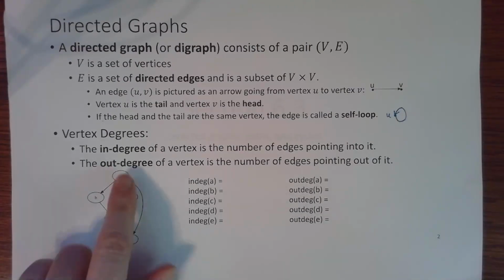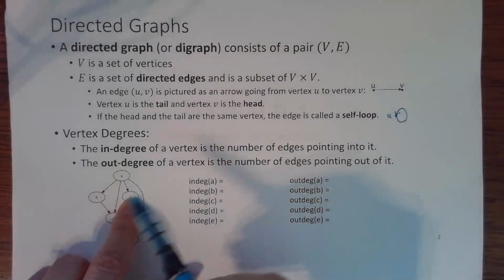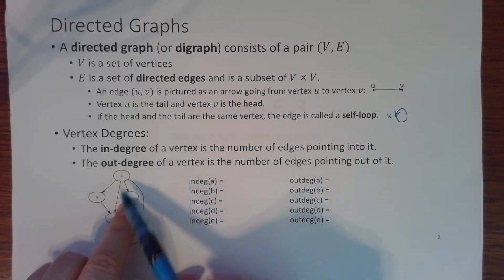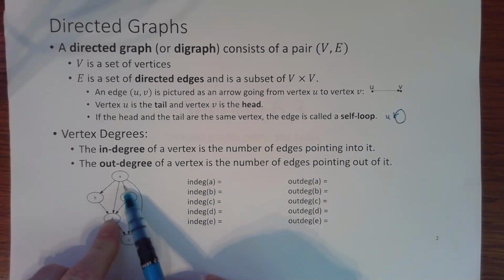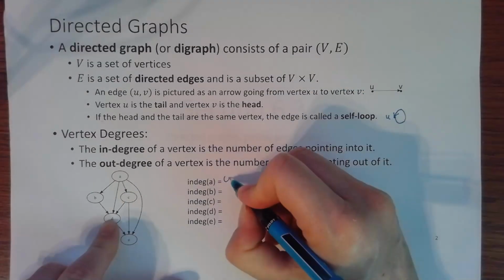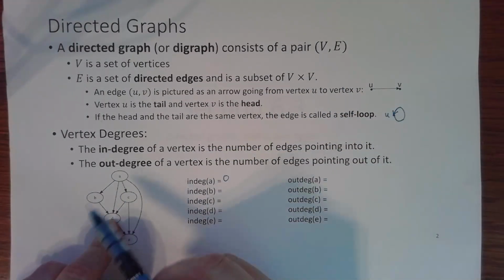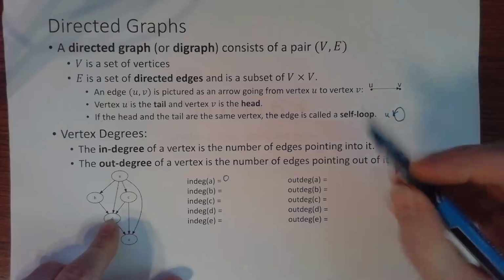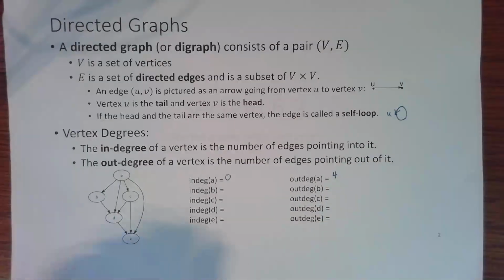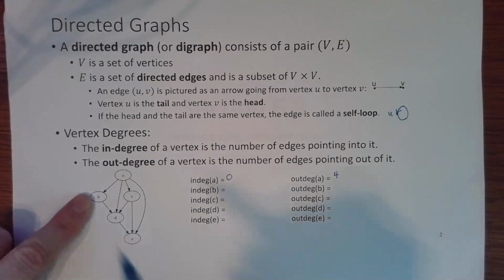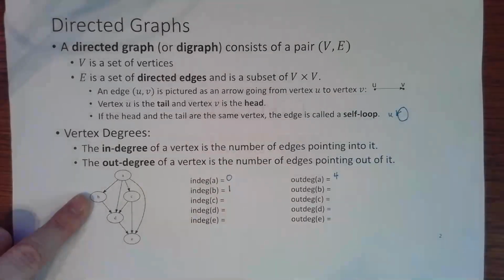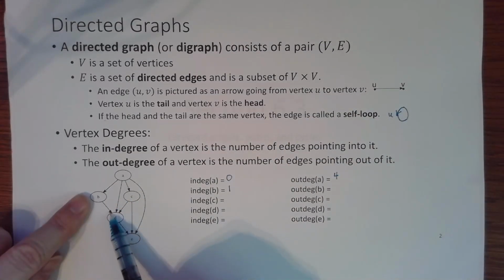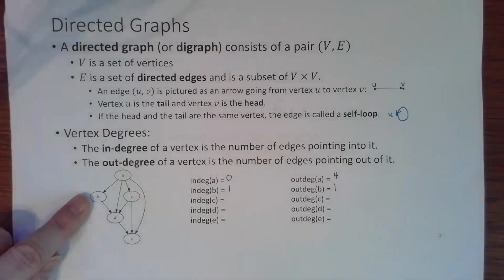If we look at vertex A, the in degree would be the number of arrows coming into it. If you look at all of the edges, there are only edges going out. So the in degree is 0. And then the out degree, well, there's 1, 2, 3, 4 edges going out. If we look at B, there's 1 arrow coming in, so its in degree is 1, and there's 1 going out, so the out degree is 1.